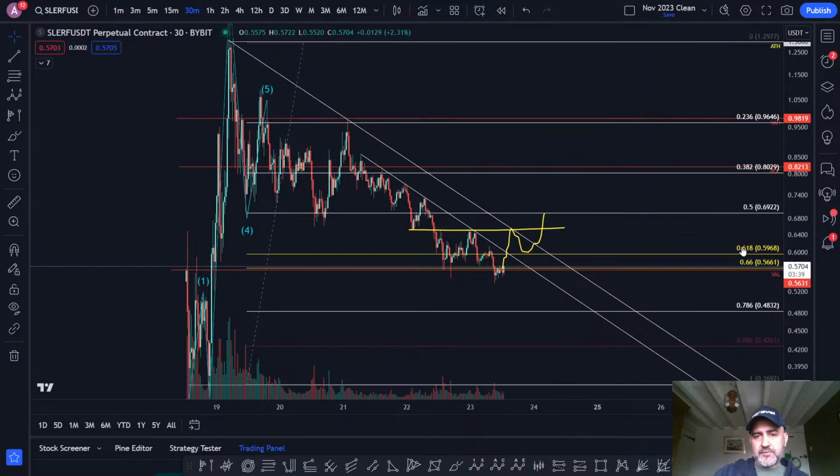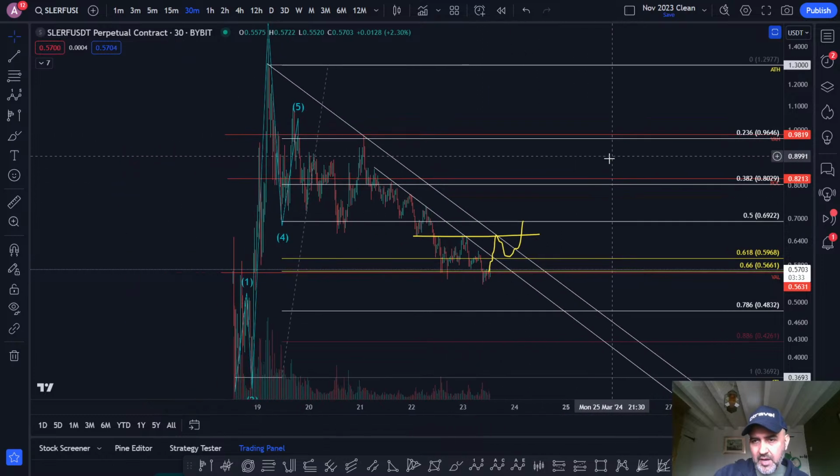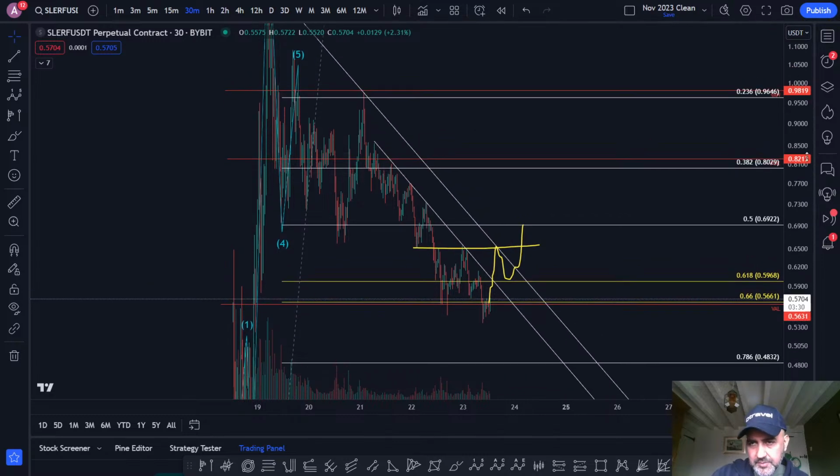And then you could probably target the value area high and take profit at the point of control.